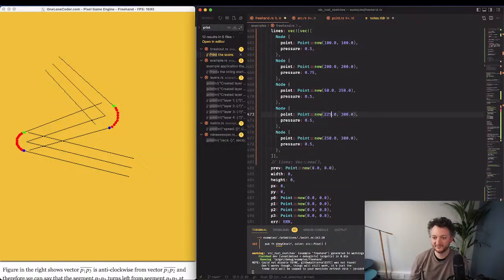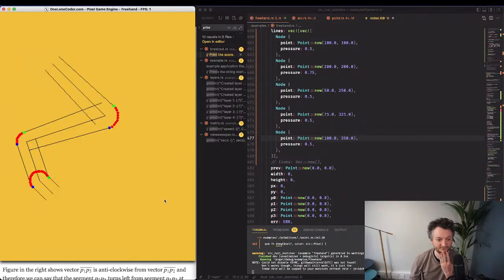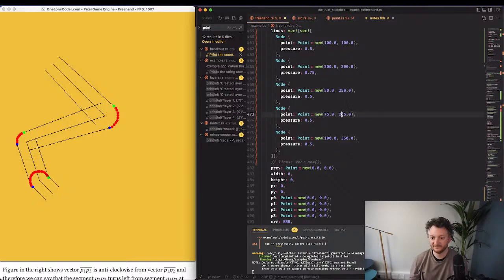Okay, we're going from 50 to 50. Let's add 25 to each. 75, 325. And then let's add another 25 to that. So 100, 350. Oh no, yeah, 275, 300.